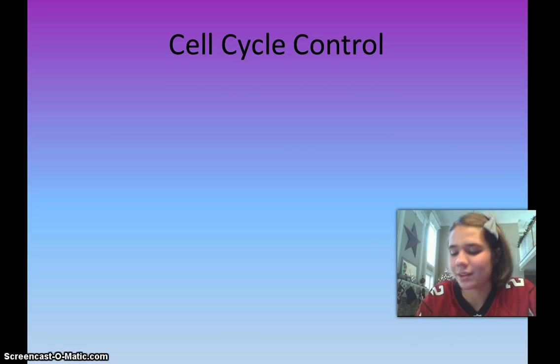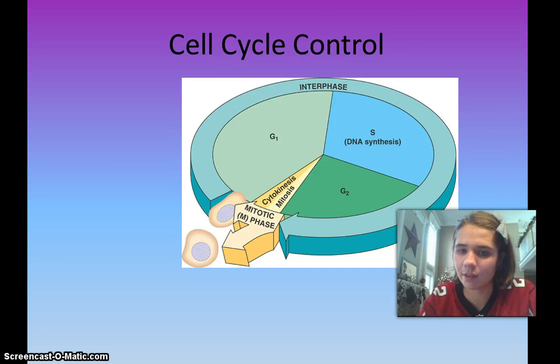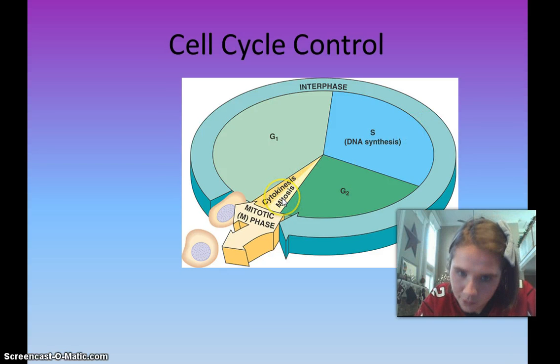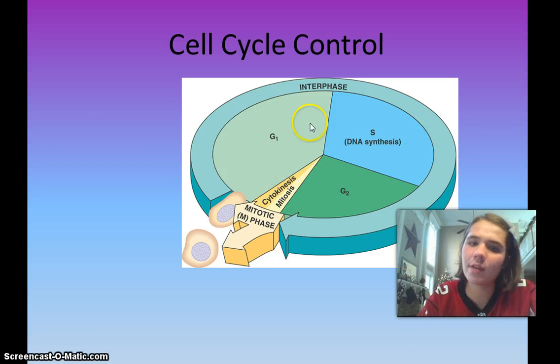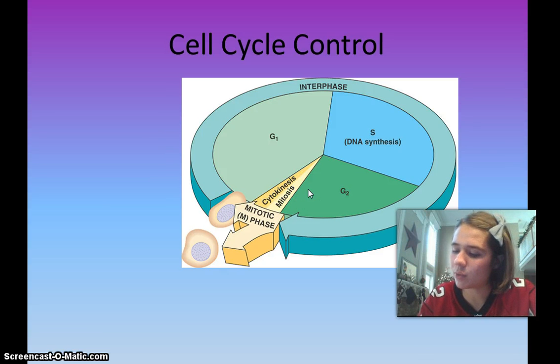So what does that mean? At various points throughout the cell cycle, as you can see in this diagram of the cell cycle, most of the time it's in interphase, and then there's a small portion of mitosis and a small portion of cytokinesis. But throughout this cycle, there are various checkpoints, and at these checkpoints, the molecules have to receive a stimulus in order to allow the cell cycle to continue.